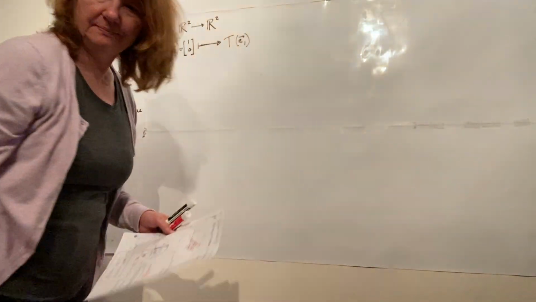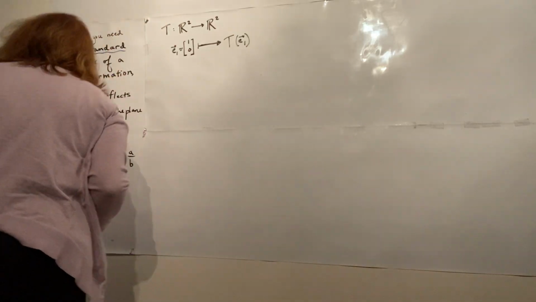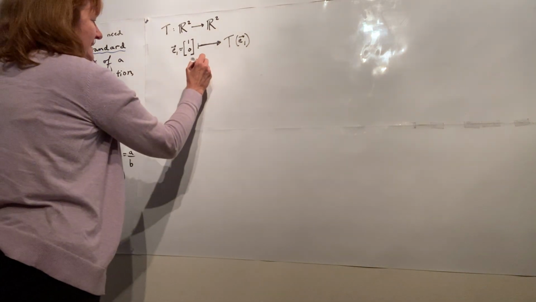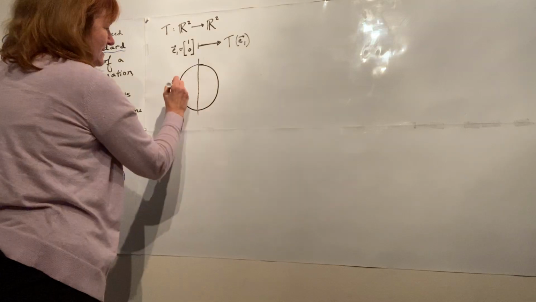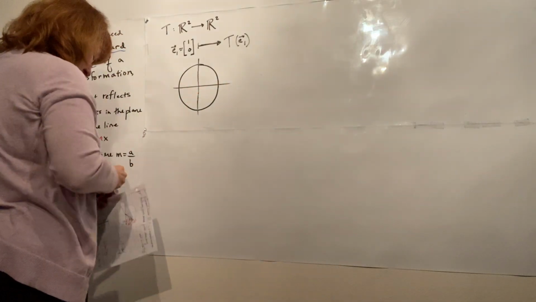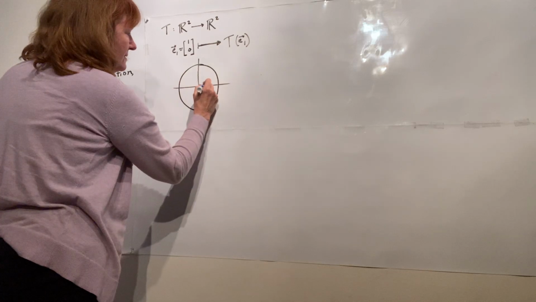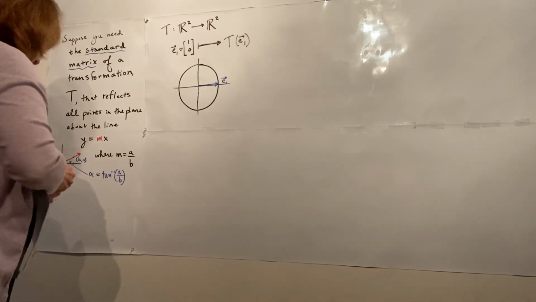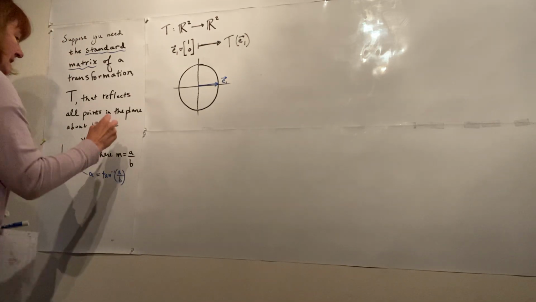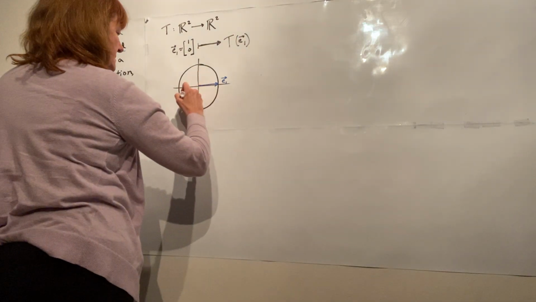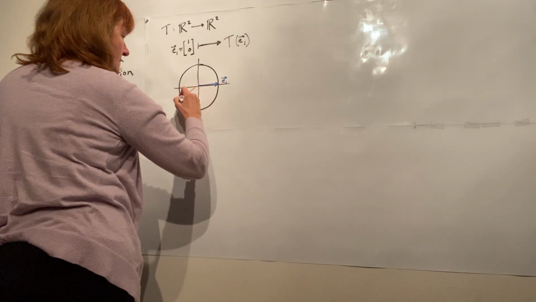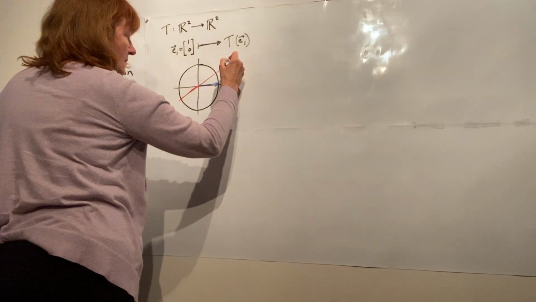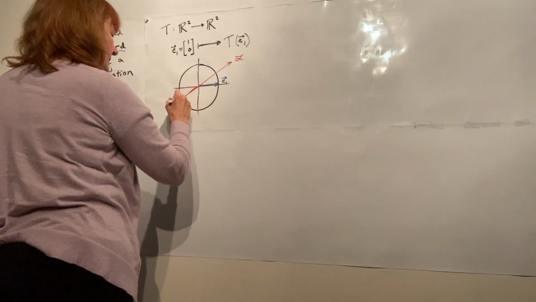Let me try that picture again. So for example, here is the unit circle. Here is E1 sitting right here. And let's say that the line that we're talking about, L, goes through here.